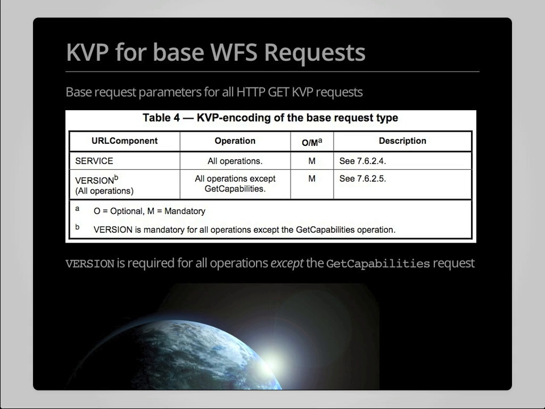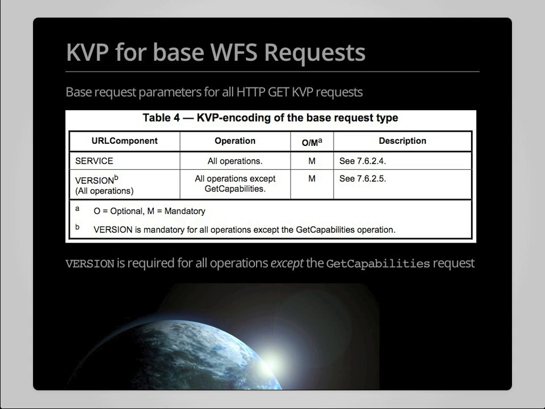And as you have already seen with the Web Map Services protocol, you must specify a service parameter, where in this case, that service parameter will always be equal to WFS. Just like when we were working with Web Map Services last week, where the service was equal to WMS. In all interactions with a web feature service, the service will be equal to WFS.